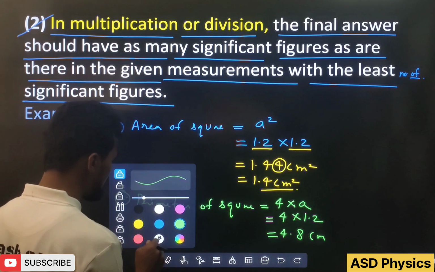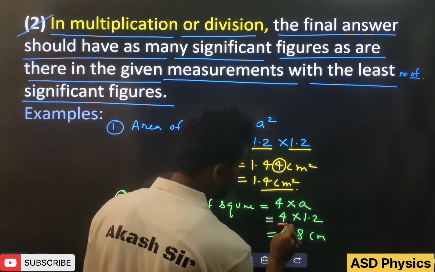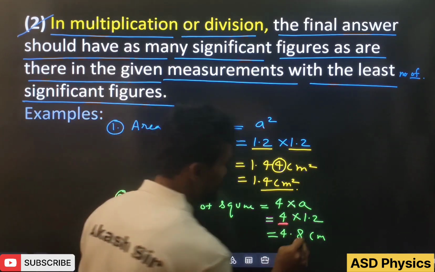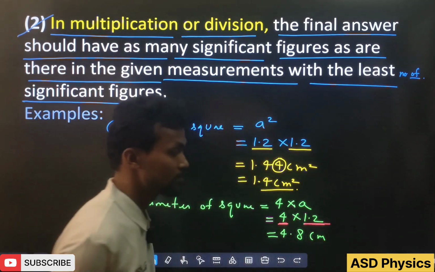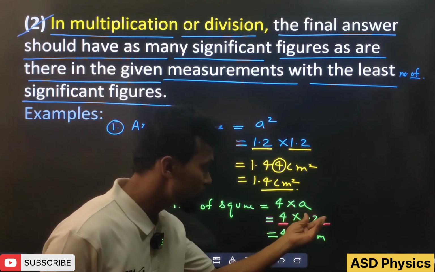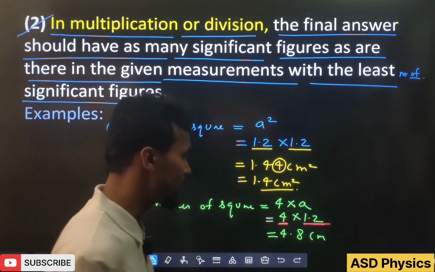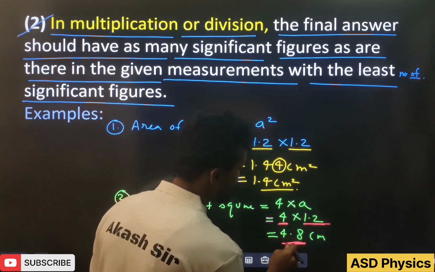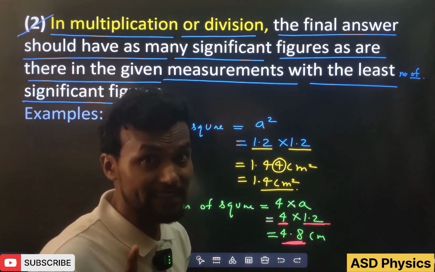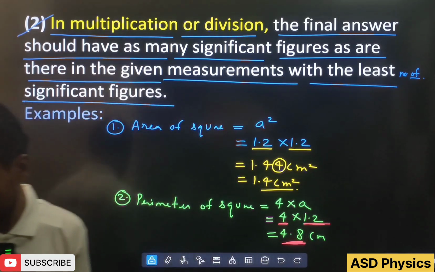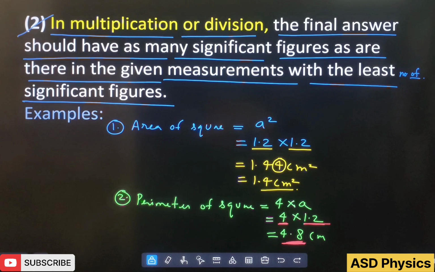But how many significant figures will be there? This 4 is a pure number, infinite. This 1.2 has 2 significant figures. Out of 2 and infinite, which one is the minimum? 2. That means the final answer should have 2: 4.8 centimeter. I hope you have understood very well. Even this rule will be applicable for division also, not a problem.